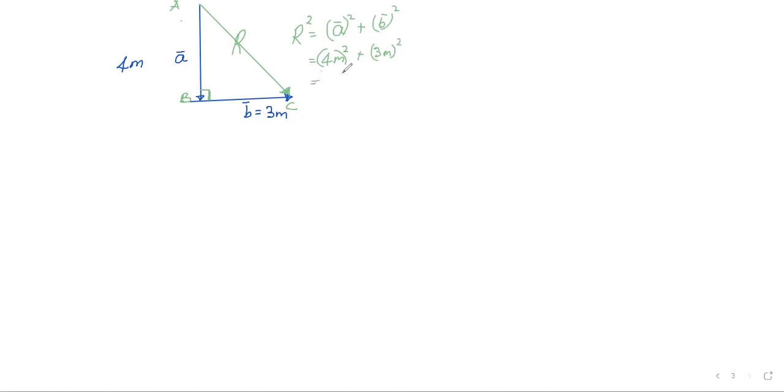And that will give you 16 meters squared plus 9 meters squared. And this will give you 25 meters squared. Therefore, R will equal the square root of 25 meters squared, which is 5 meters.